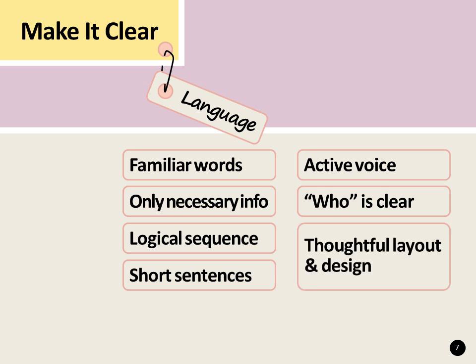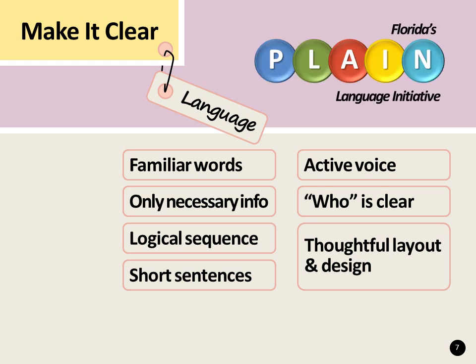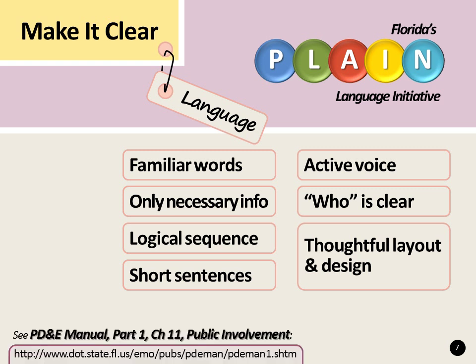Thoughtful layout and design, including subheadings and bulleted lists, are ways to make information easy to find. These techniques are part of Florida's Plain Language Initiative and are required of all public communications and reports, including documentation of SCE evaluations. Learn more on the topic in Part 1, Chapter 11 of the PD&E Manual.